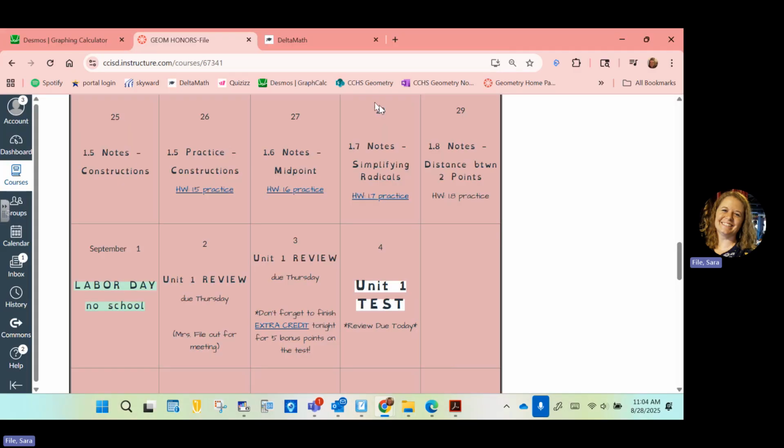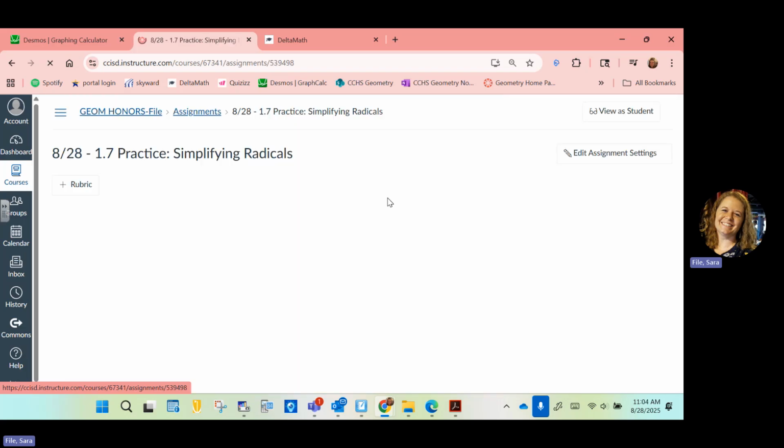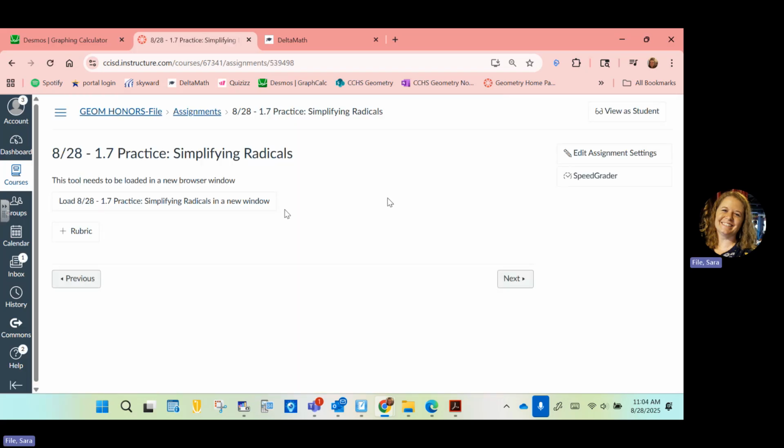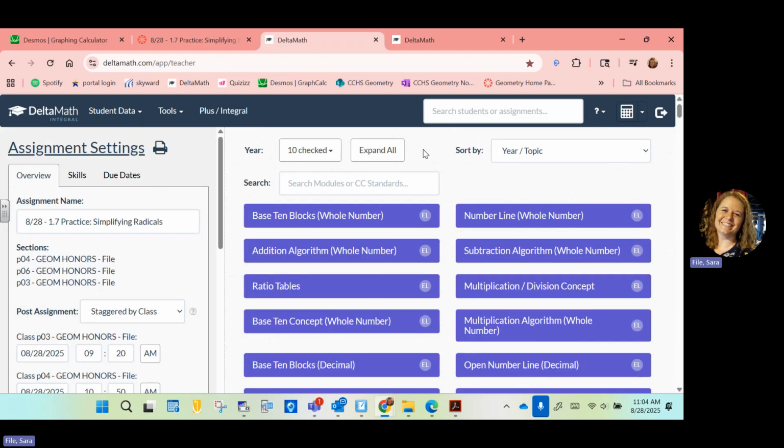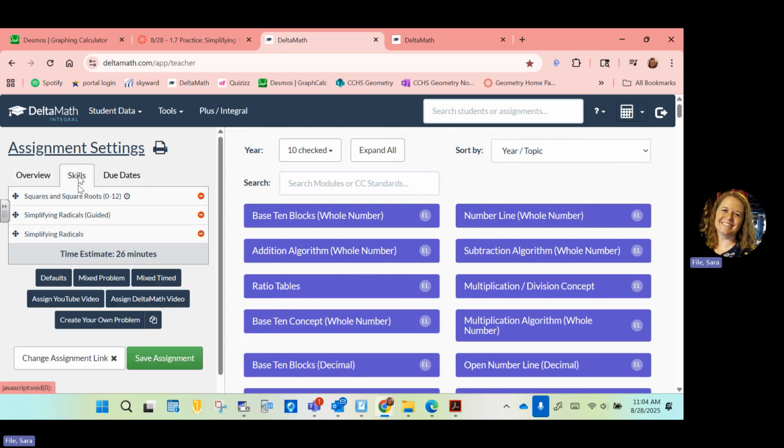Okay, so for your practice, I'm going to show you one of the guided ones that I'm talking about, because people last class were getting a little confused. It's linked here. You should be able to open it in a new window when you hit load. Here are the types of questions. This one with the little clock next to it is a timed question.